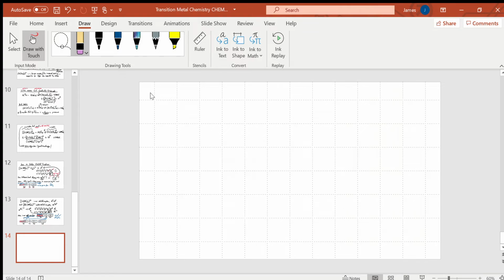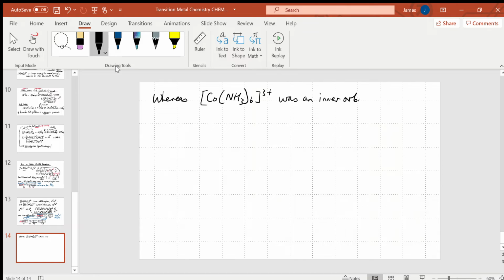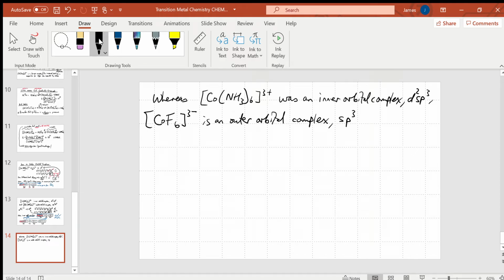So let's start again by saying that whereas Co(NH3)6 was an inner orbital complex, d2sp3, CoF6 3 minus is an outer orbital complex, sp3d2.